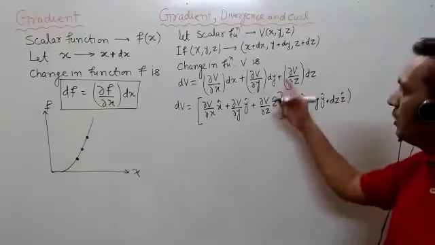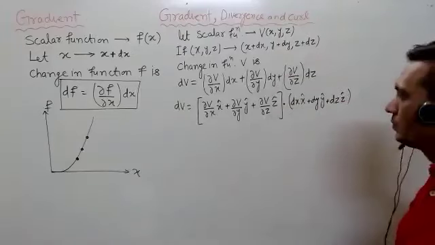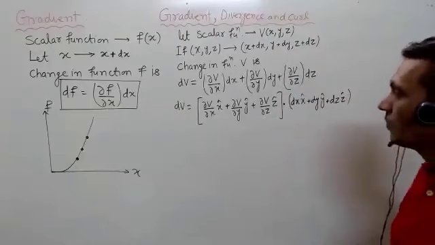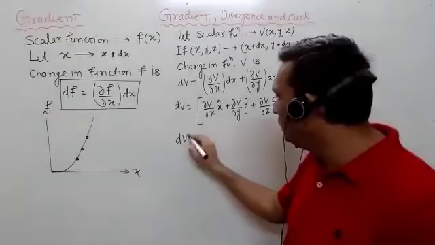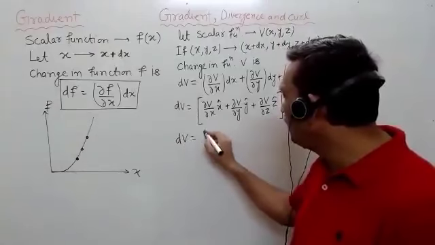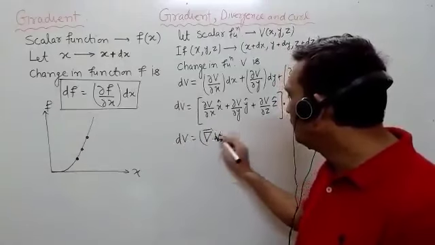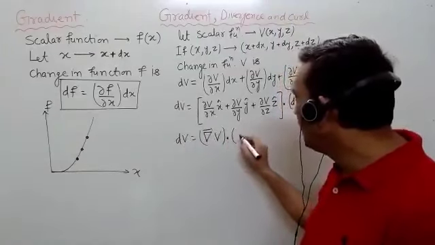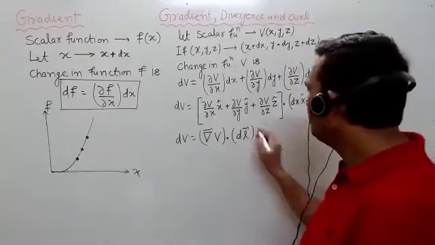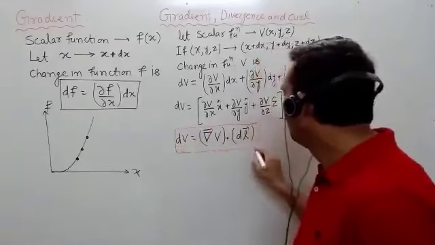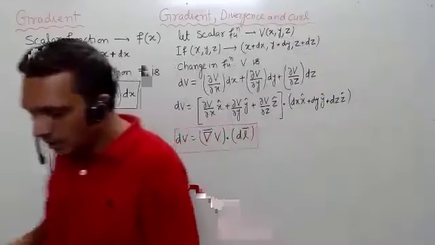If you take the dot product, you will get the same term. Now this first term defines the gradient of the scalar function v, and the second term, you know, is the dl vector.